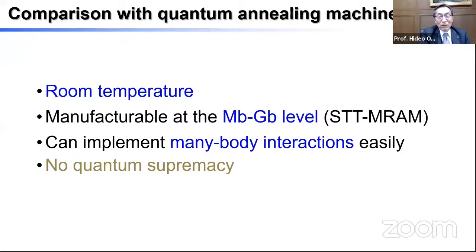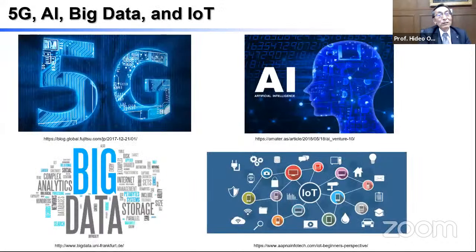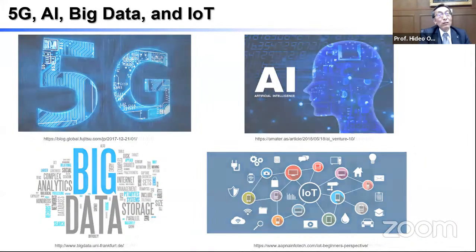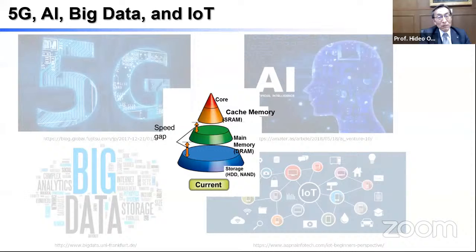Okay, so what I've been discussing is spintronics technology working with the CMOS technology in the era of 5G, AI, big data, and IoT. The system at the moment requires a large amount of power because the core is hot, and your memory is consuming a huge amount of power, even if they are not doing anything.